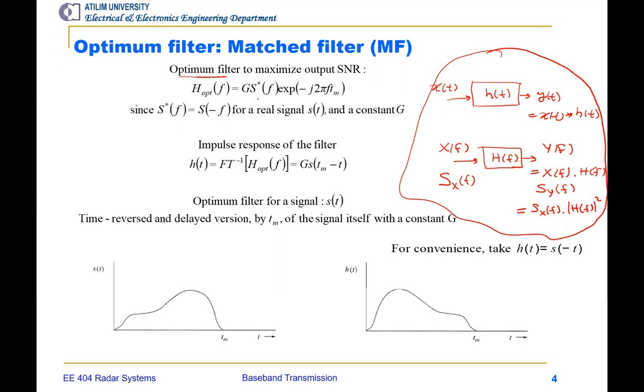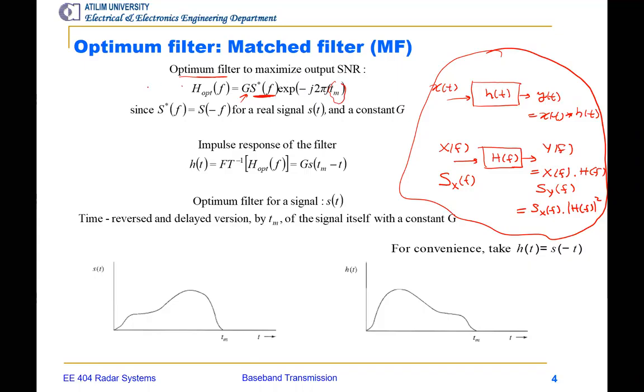So once we know the transmitted signal, then we can design a matched filter for that transmitted signal. And you see that it has a constant G times the complex conjugate of the transmitted signal times an exponential function with the sampling time Tm.